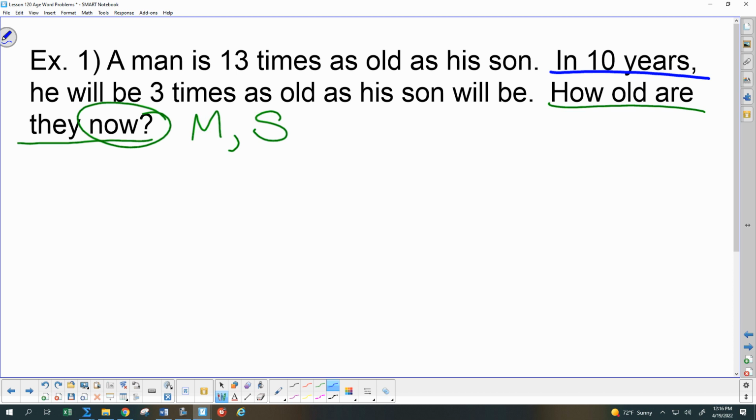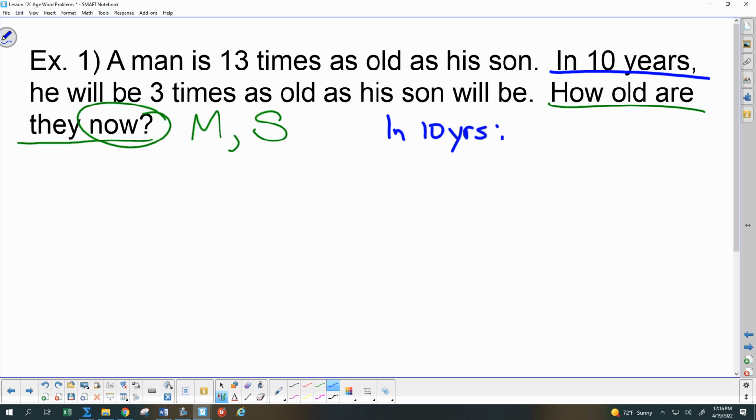So tell me, in 10 years, just how old will they each be at that point in time? If they're M and S now, how old will they each be 10 years from now? I hope not times 10.